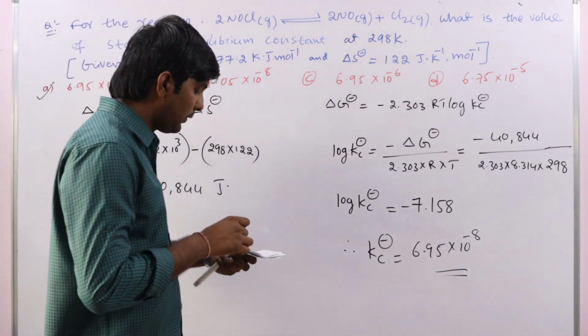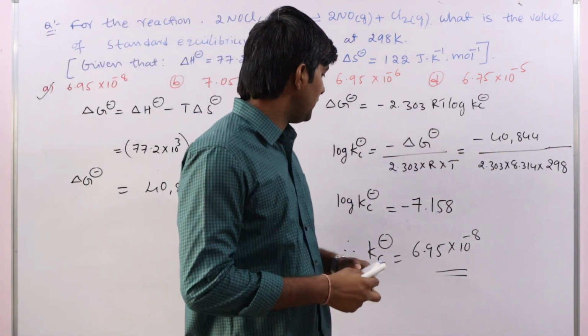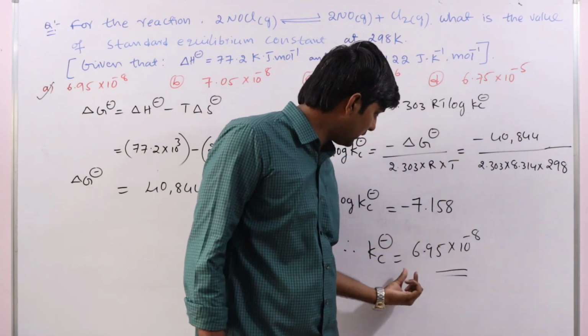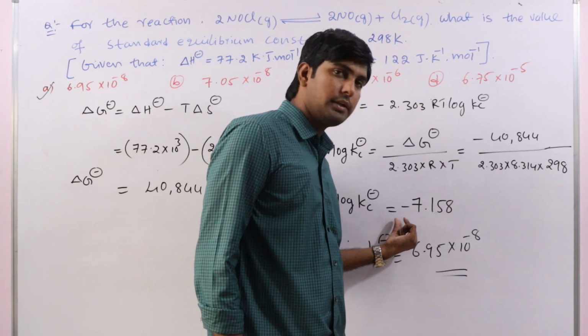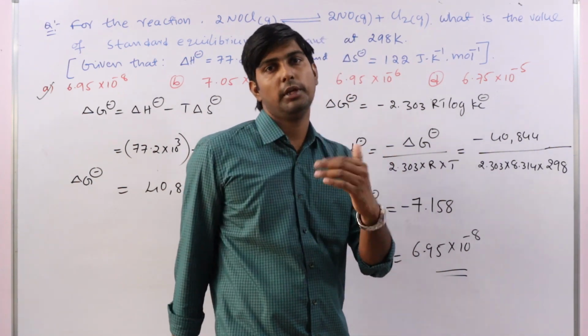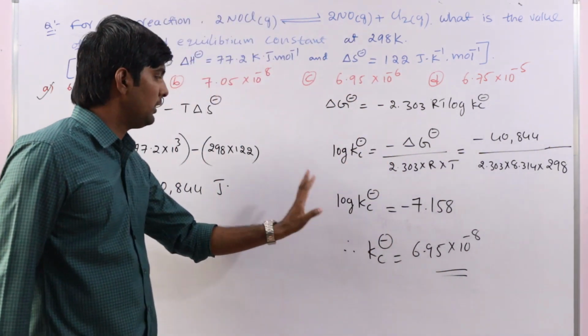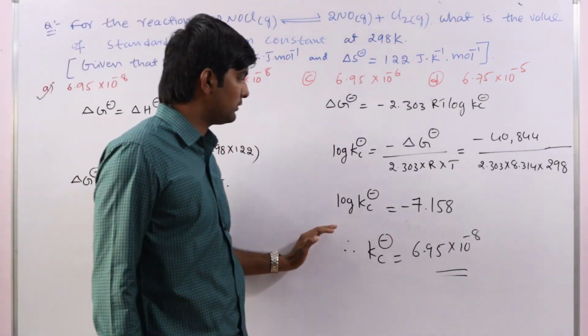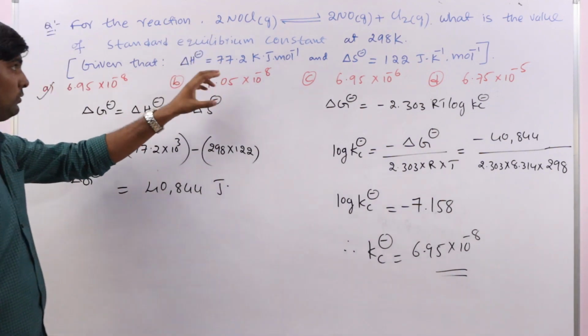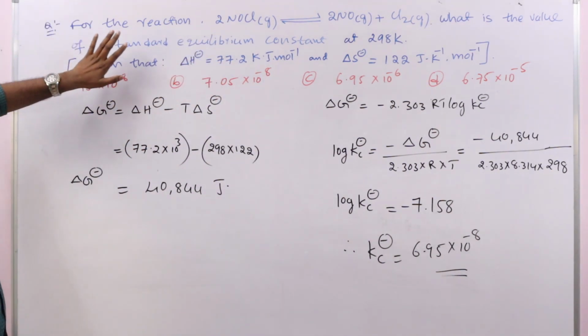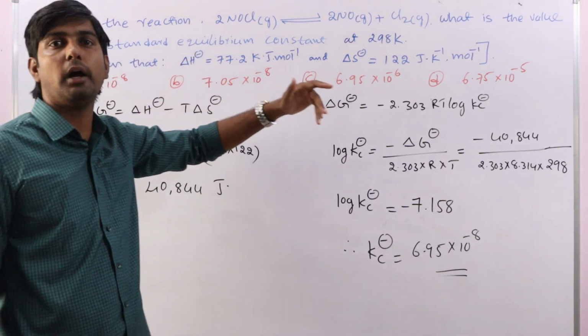In this type of problems, they will provide the logarithm values to calculate these, so don't worry about that. This is about how to solve this type of problems when delta G is directly not given.